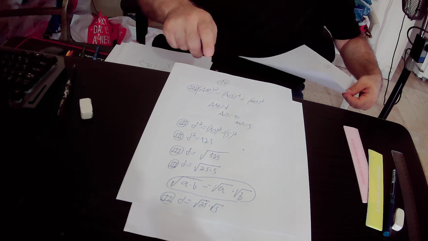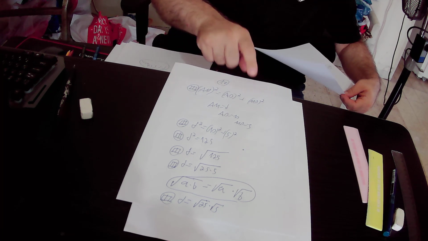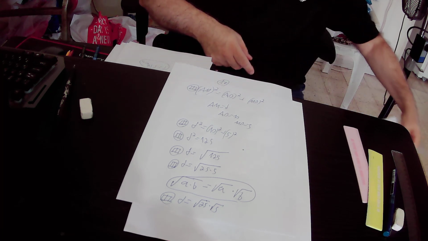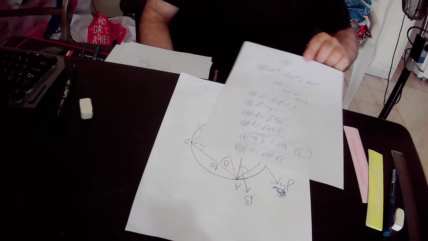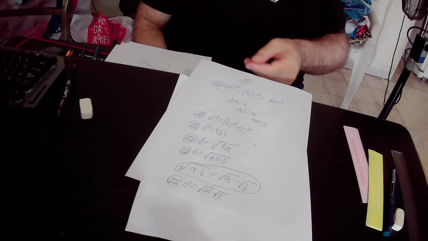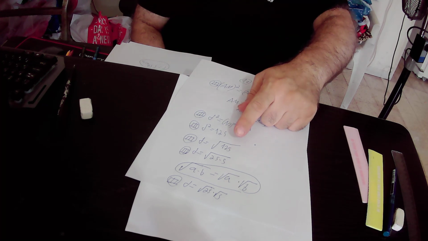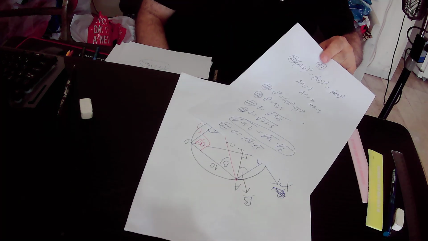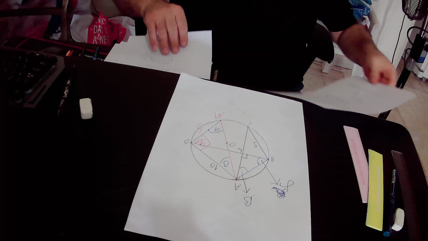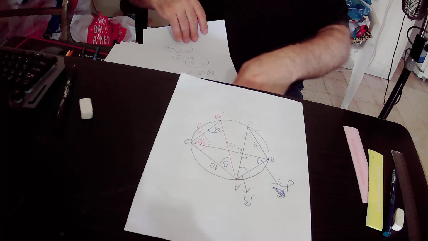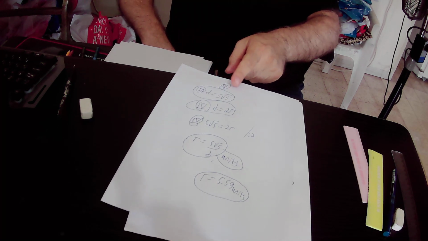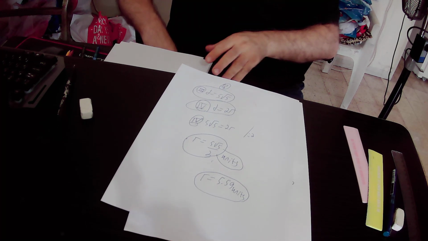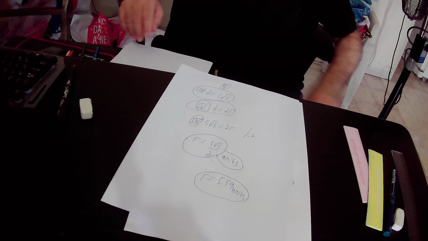So we can put the data inside equation number 3, and we found out that D equals 5 times root 5 units.